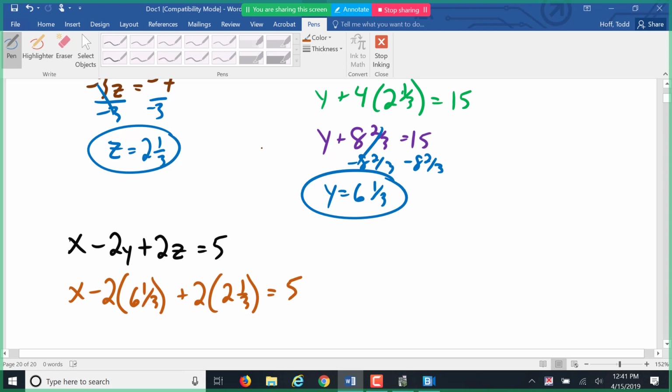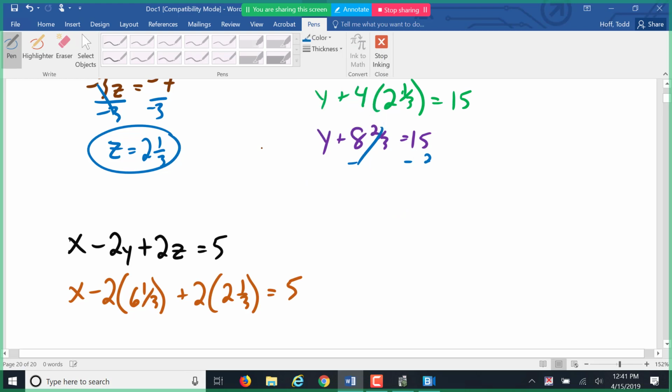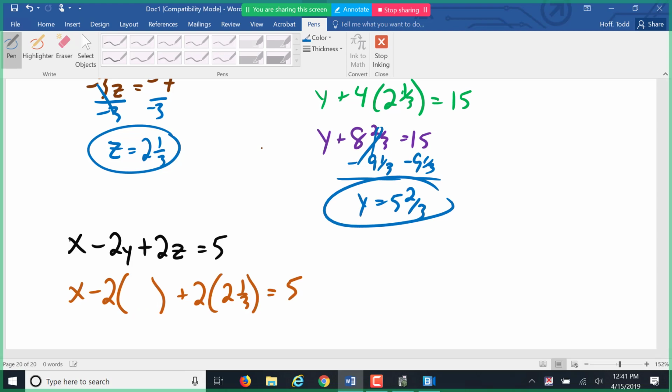Oops, I did something wrong here. 4 times 2 1/3 is not 8 2/3, is it? It is 9 1/3. So this is going to be y equals 5 2/3. So this won't be 6 1/3 here. This will be 5 2/3.